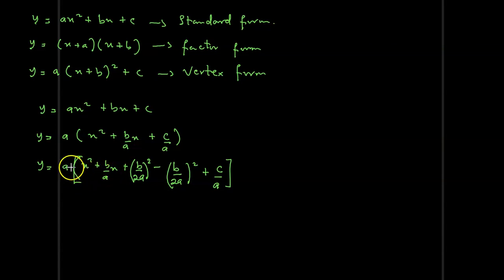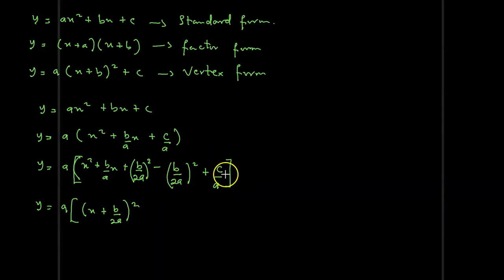And that will be given as, we are going to write this expression in a factor form. So that will be generated as y equal to a into a big bracket. Writing the factor for that, it is going to be x then plus b on 2a all squared.